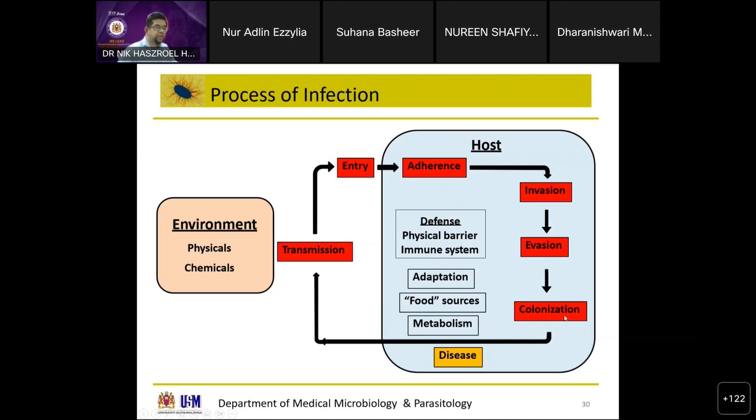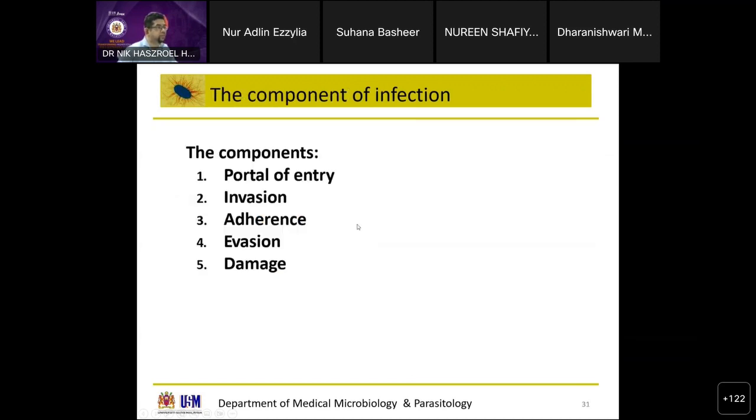They colonize the host, establish colonies, and cause disease. Then they multiply and spread to others, and enter new hosts, and the cycle continues. So these are the components of infection: the portal of entry, the invasion, attaching to the host, escaping or resisting the host immunity, and causing damage.